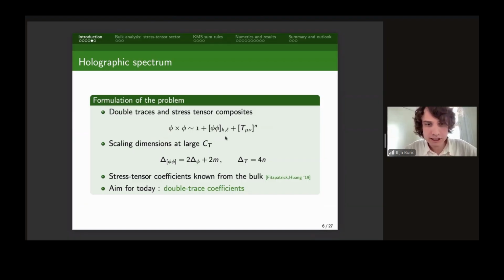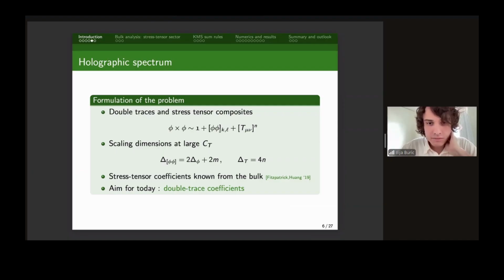And what I mean by holographic is, on the operational level, the following. We'll think of this phi as some single trace operator and postulate that in the OPE of phi with itself, there are only two families of operators beside the identity.